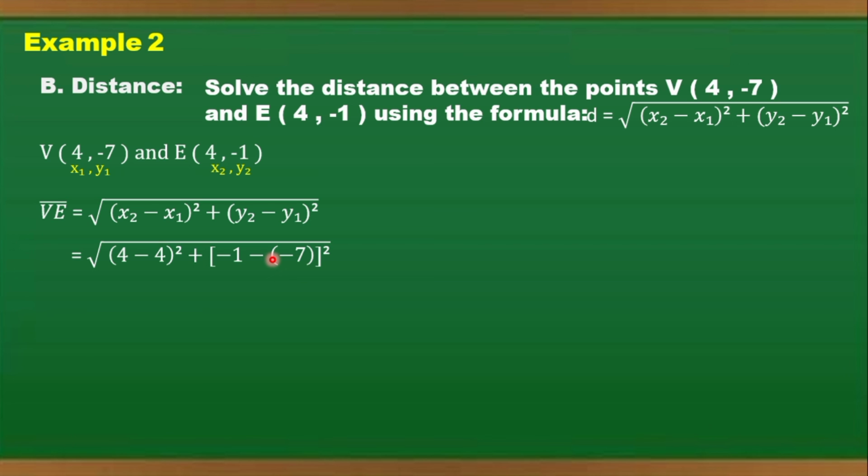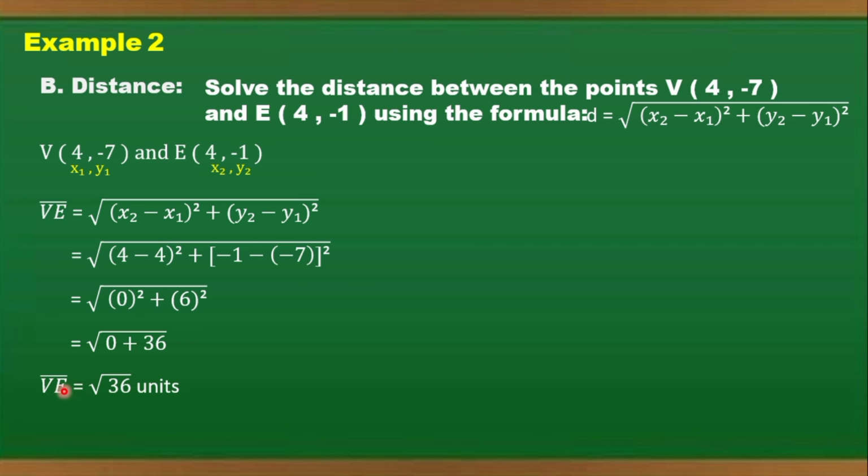Let's substitute each. 4 minus 4 is 0. Copy the square. Plus negative 1 minus negative 7 is positive 6. Also copy the square. And substitute these two. And it will give us the answer of 0 squared is 0 and 6 squared is 36. So 0 plus 36 is square root of 36.